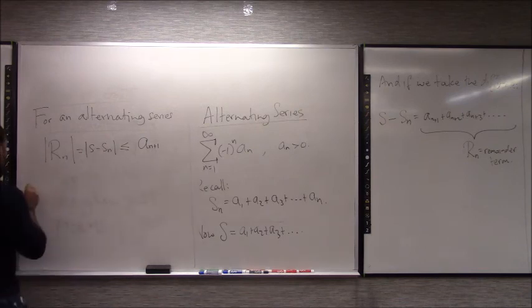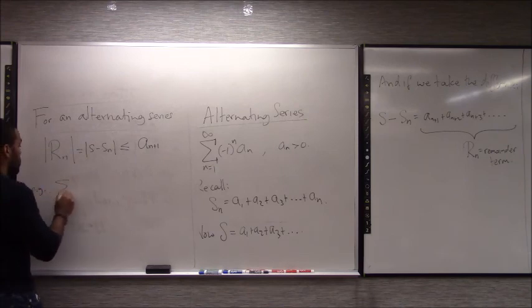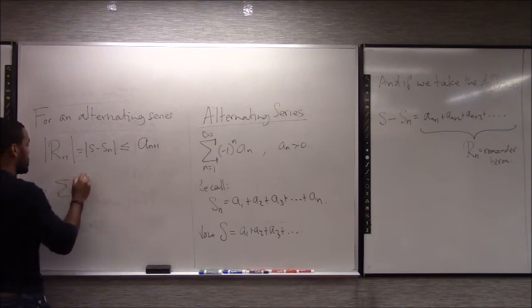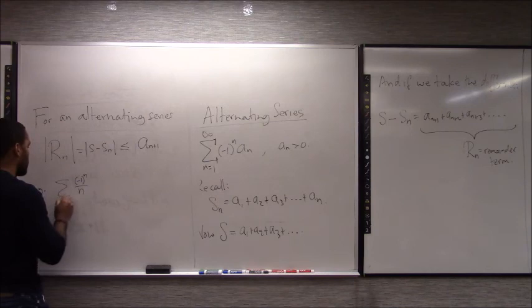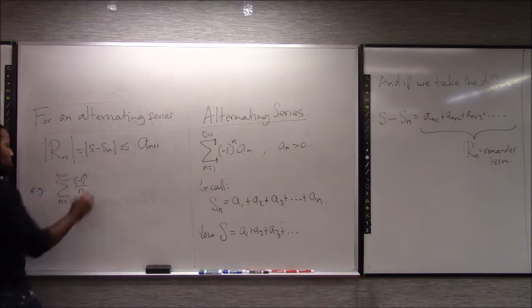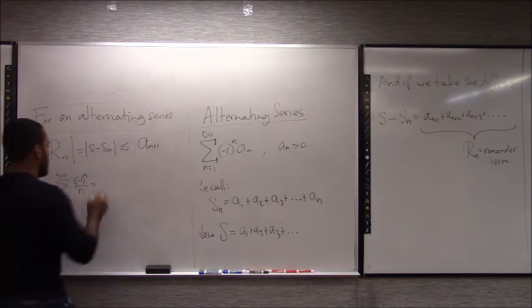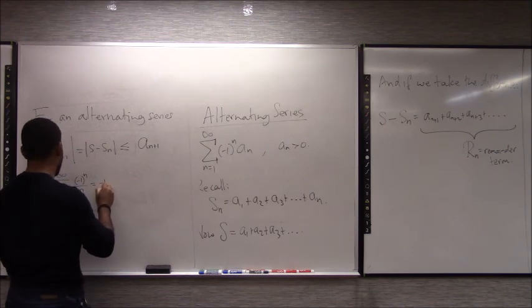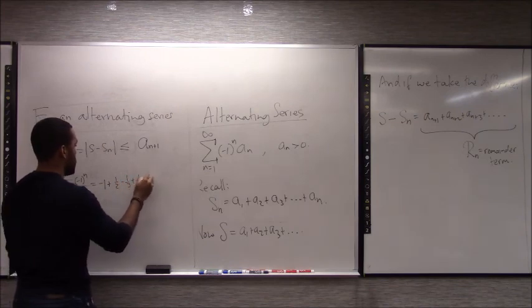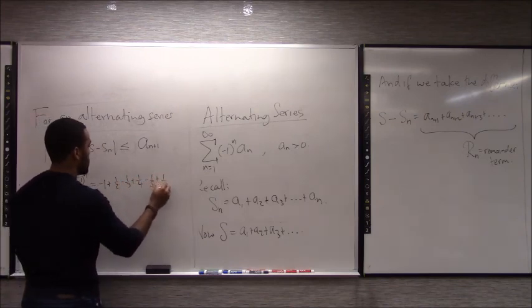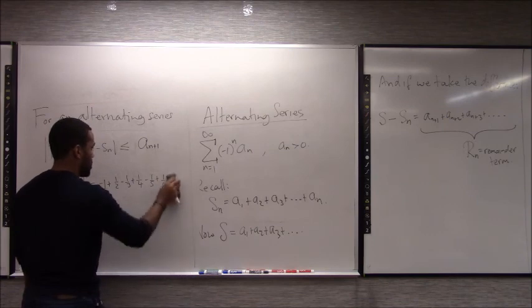So, example. Look at this alternating series. So this guy gives us -1 plus a half, minus a third, plus a fourth, minus a fifth, plus a sixth, minus dot dot dot.